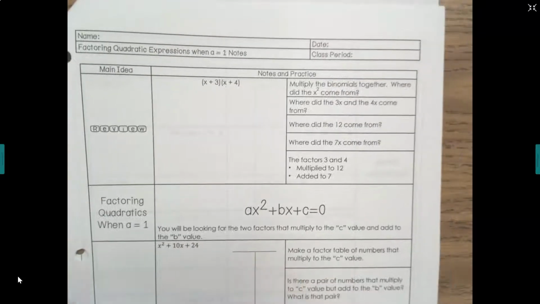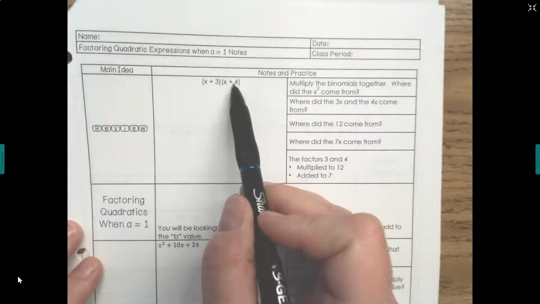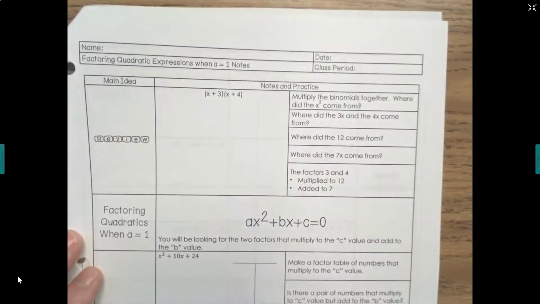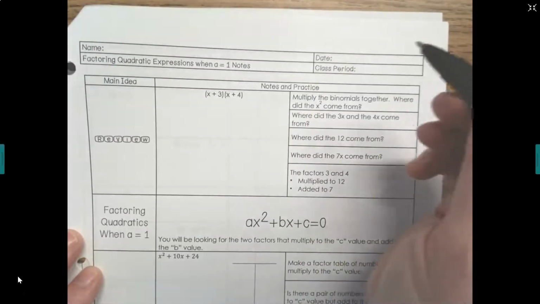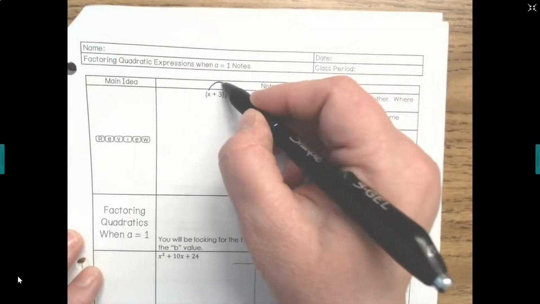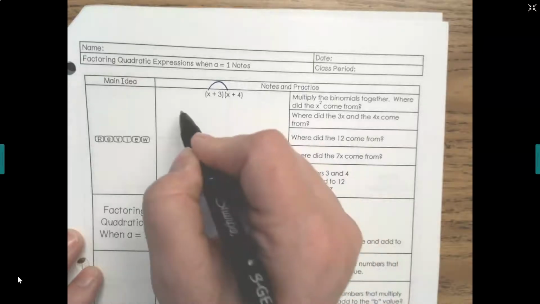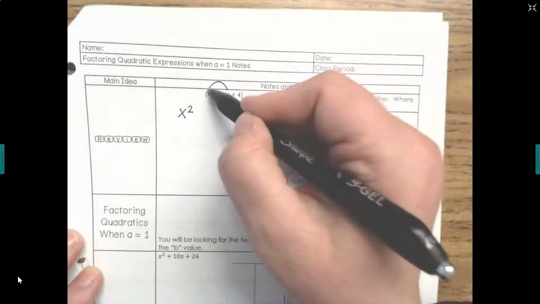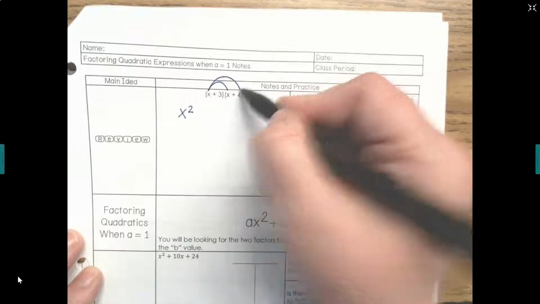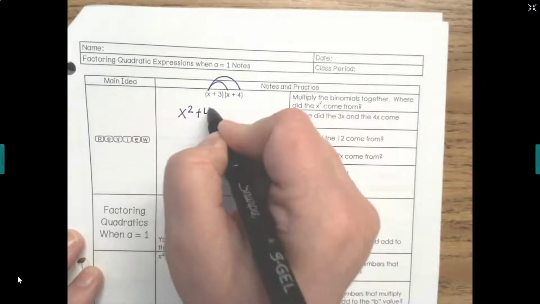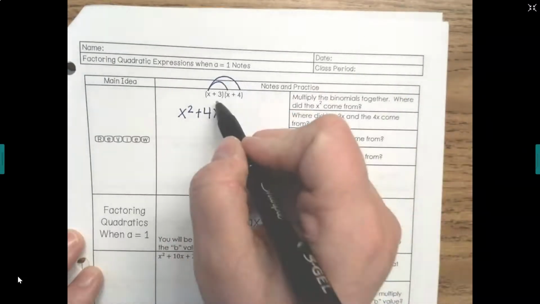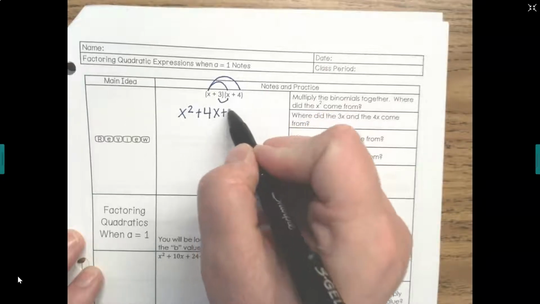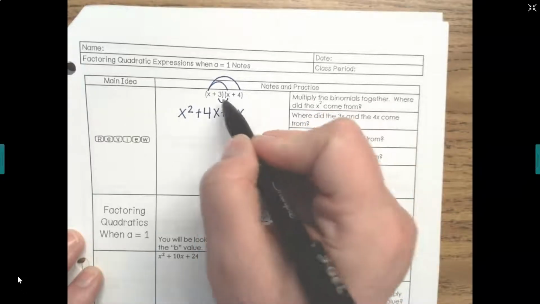Let's do a little review here first. So in the past, we worked on multiplying these binomials. So let's go ahead and multiply these out. We're going to take x times x and get x squared. And then I want to make sure the x multiplies to the other term in the other parenthesis. So x times 4 is 4x. 3 times x is 3x.